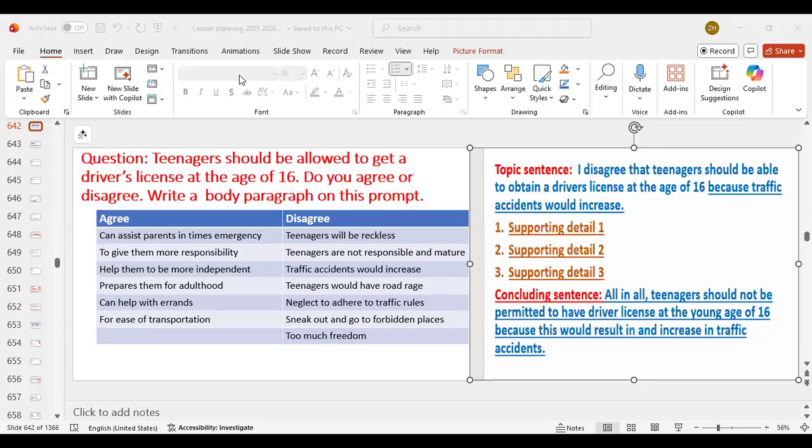All right, so again, once you finish with your paragraph, take a picture of it and send it to me via WhatsApp. We have 2 minutes left. Again, 2 minutes left.